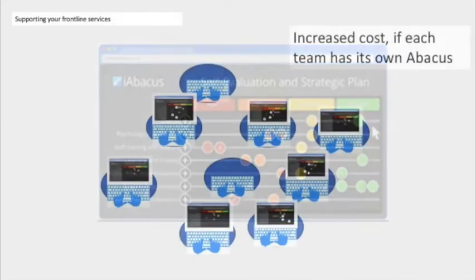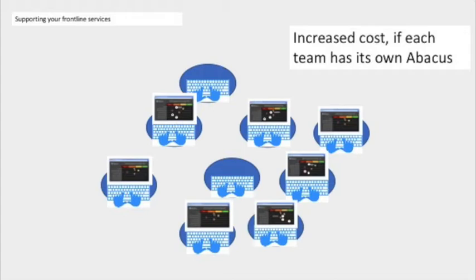If each team has its own abacus, that does put the overall cost up. That's because we propose to set the license fee on a sliding scale, increasing according to the number of users and the number of abacuses that any agency wants.